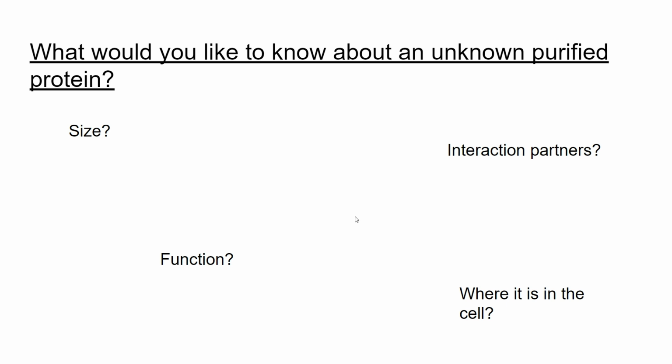Another thing that could be of interest to us is, where is it in the cell? So in order to do that, we need to see the protein. But how can we see a protein, right? We can't just put a cell under a microscope and visualize every single protein there. Visible light doesn't have the right resolution. But what other approaches could we use? Potentially, we could use fluorescence.